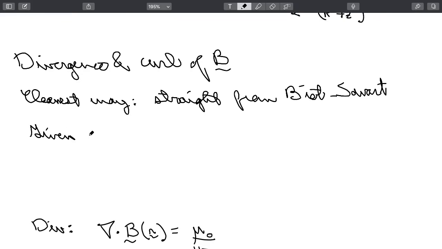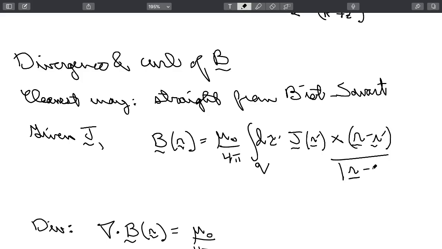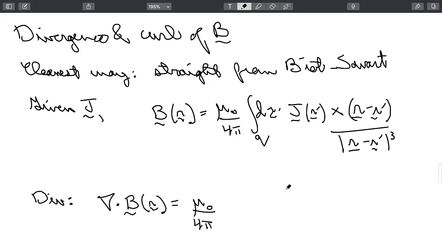Given a J, B of r is mu0 over 4 pi, the integral over the volume of the current density J vector evaluated at r prime, cross the r minus r prime vector, divided by the magnitude of r minus r prime cubed.